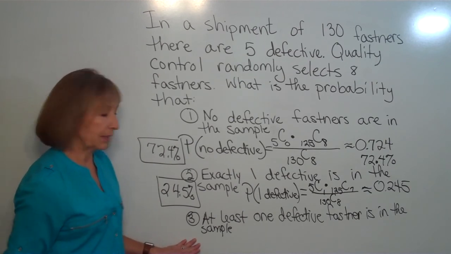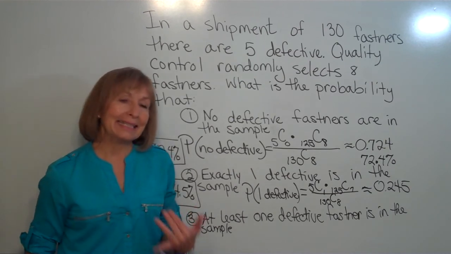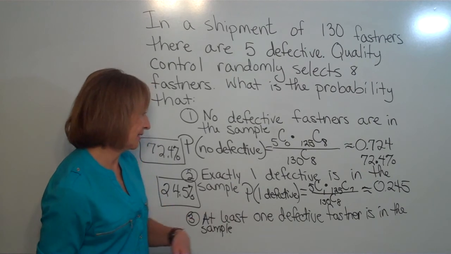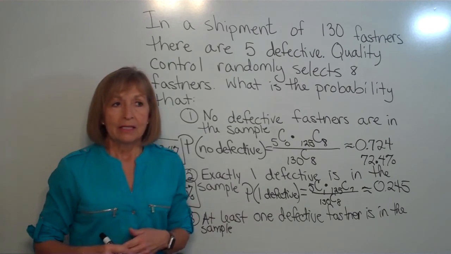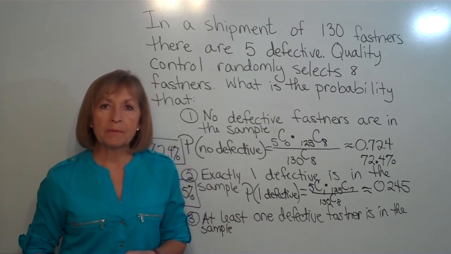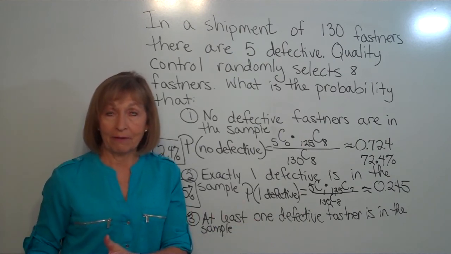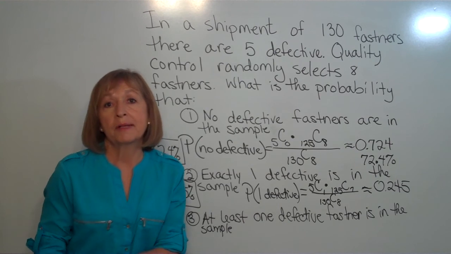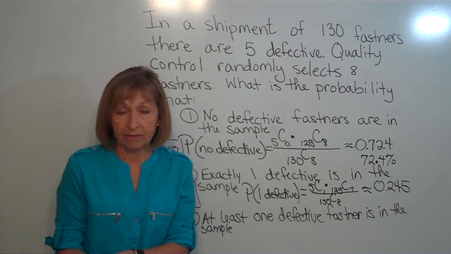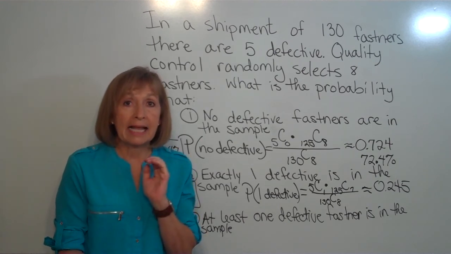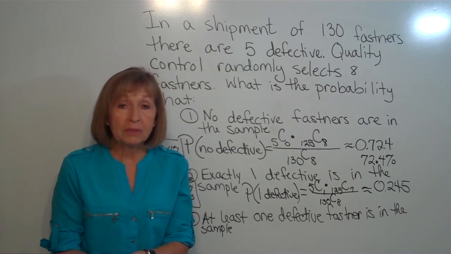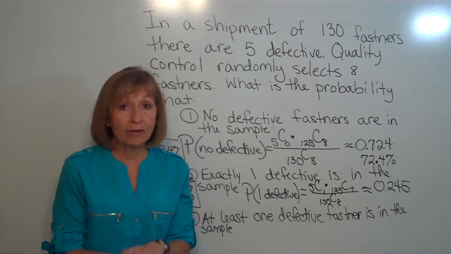And now the last one. The last one says that at least 1 defective is in the sample. So when I'm looking at the probability that at least 1 is defective, I would, if I went straight away towards it, find the probability that exactly 1 is defective, plus the probability that exactly 2 are defective, plus the probability that exactly 3 are defective.